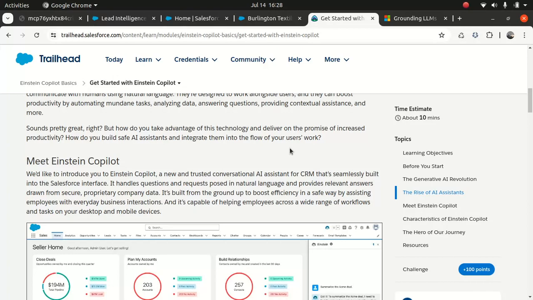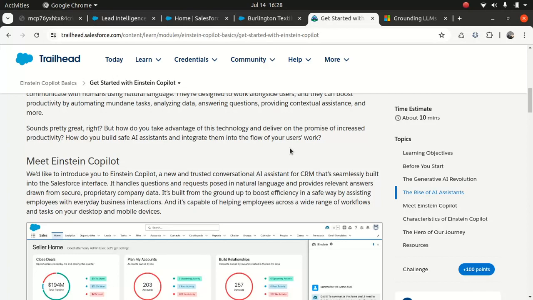Copilot, from a Salesforce perspective, why does Salesforce need a Copilot to begin with? Obviously, you could do a lot of things with the traditional ways, like you have different omni channels, but the introduction of the Copilot or chatbots gives that AI capability to better serve the customers who are using Salesforce.